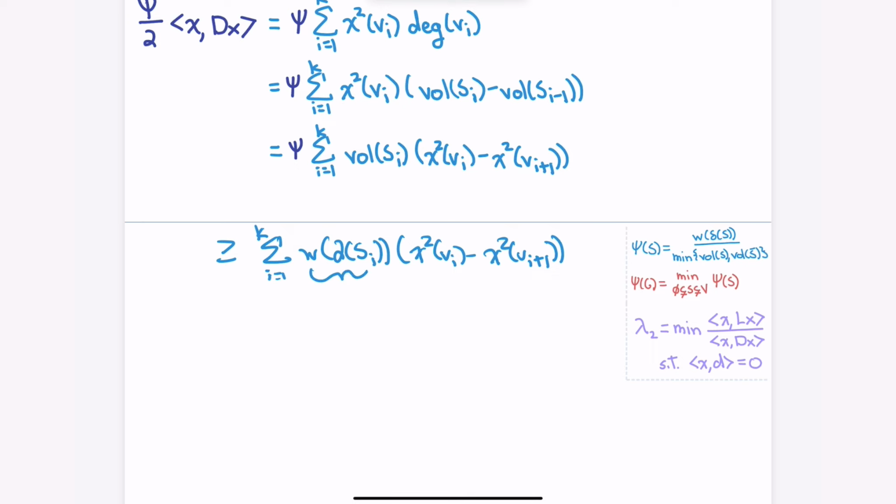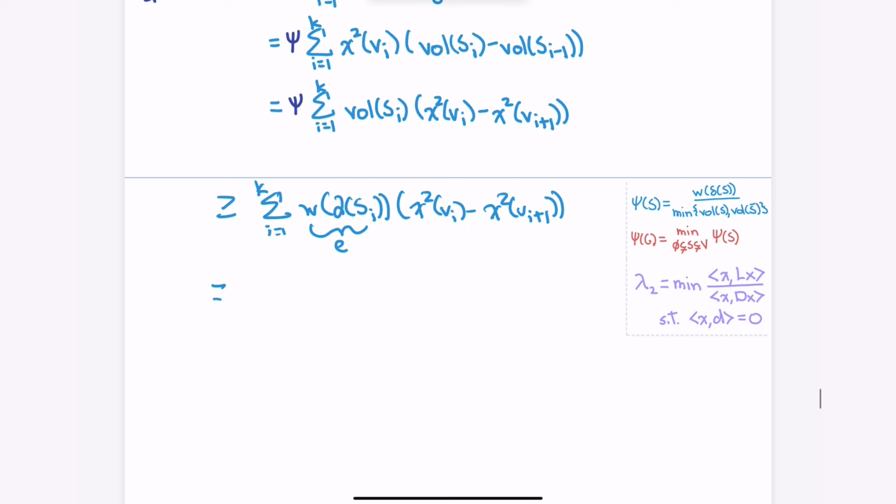This is a bunch of edges, right? And not only that, but remember we're listing the vertices in decreasing order. Let me make sure I do this correctly.